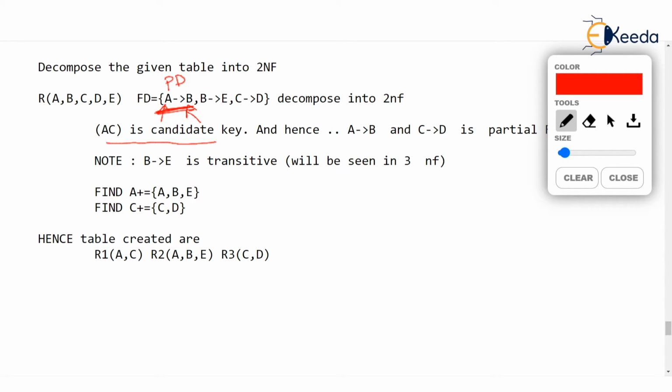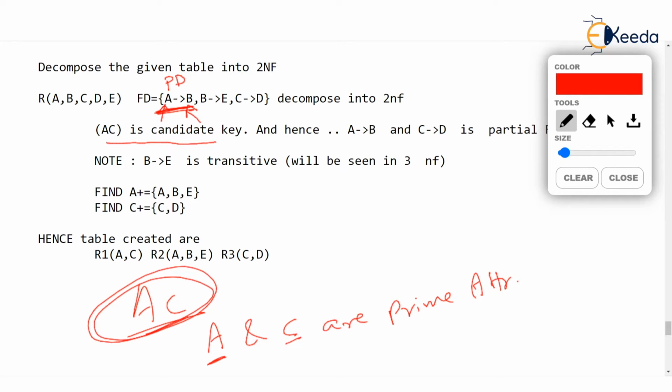By the way, recall AC is the candidate key, then A and C are called prime attributes. The attributes which form the candidate key are called prime attributes. So in this example, B is a non-prime attribute, D is a non-prime attribute, and E. These three are non-prime attributes.